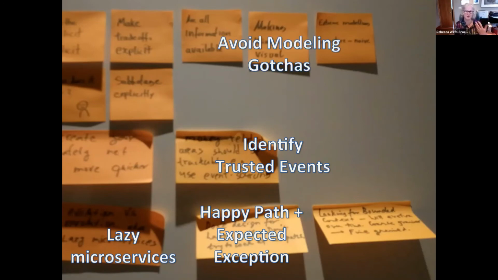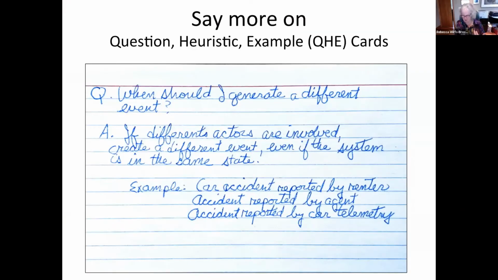modeling mistakes or gotchas. If you like index cards or physical things, I find this format interesting because it's a good way to collect a lot of different heuristics with concrete examples: use a card and ask a question and give an answer and some examples.